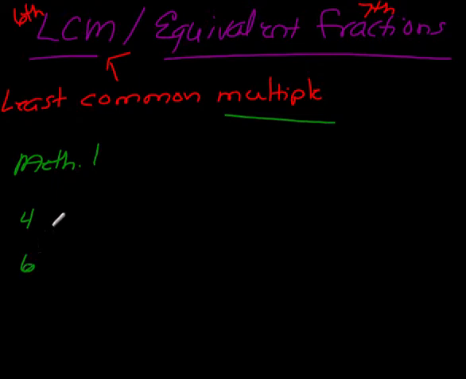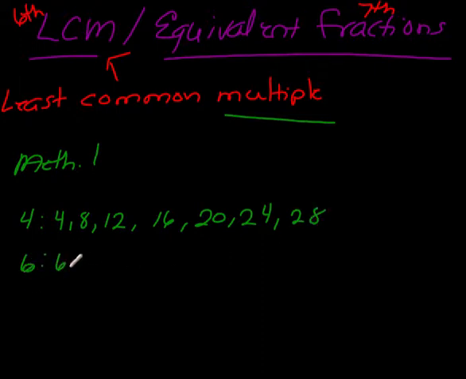These two numbers are small, so all I need to do is count by those numbers. So let's count by 4. We would say 4, 8, 12, 16, 20, 24, 28.